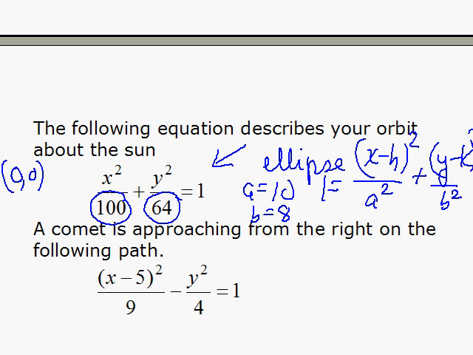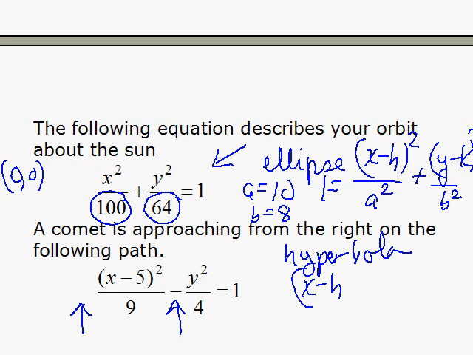We see a similar situation, but we see the minus sign. When we have a difference in signs between the two terms, this is an equation for a hyperbola. Right? So again, we have x minus h squared over a squared minus y minus k squared over b squared equal to 1.